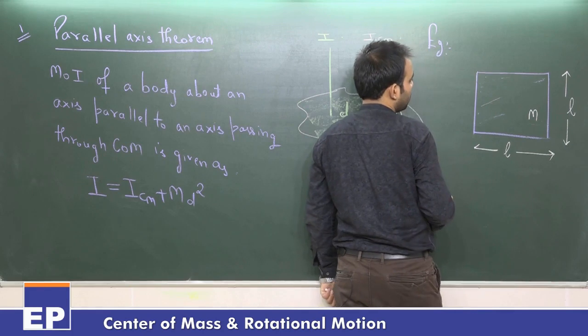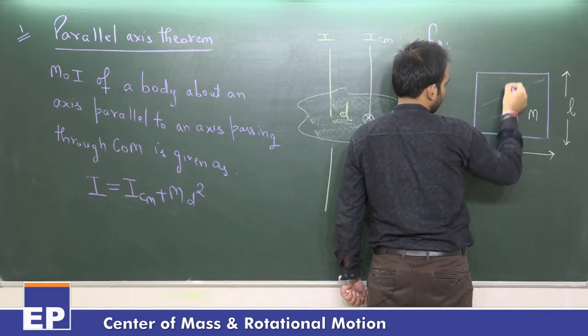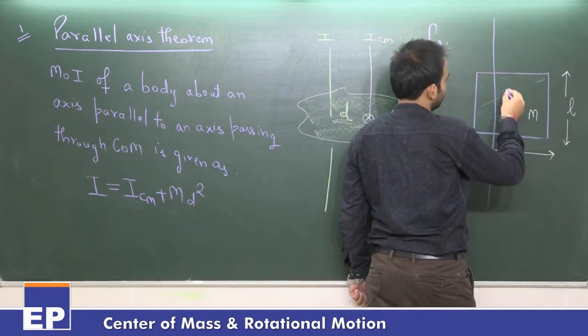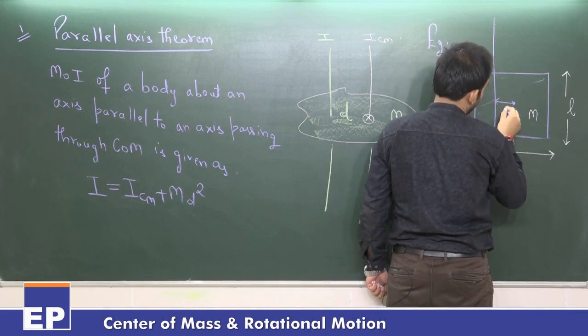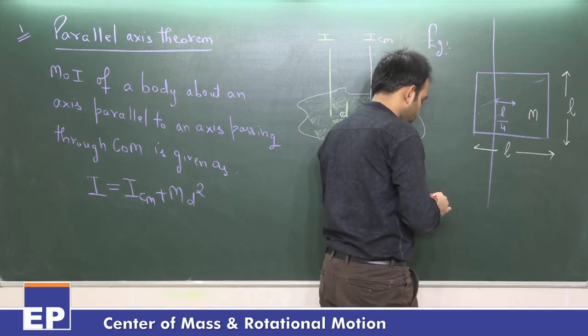Let's suppose it is passing through this. This is the axis which is at a distance from center, that is equal to L by 2, L by 4.